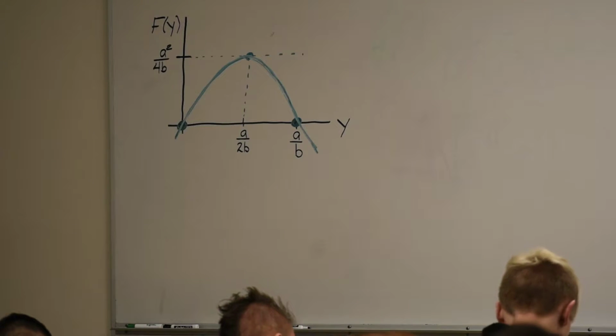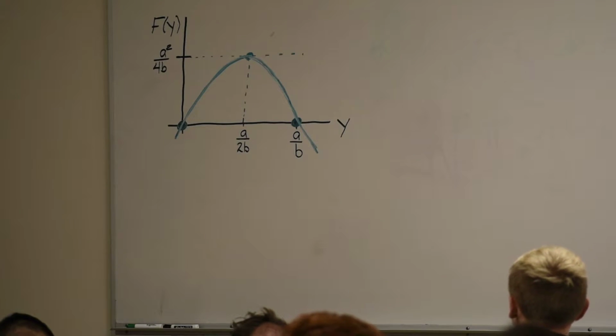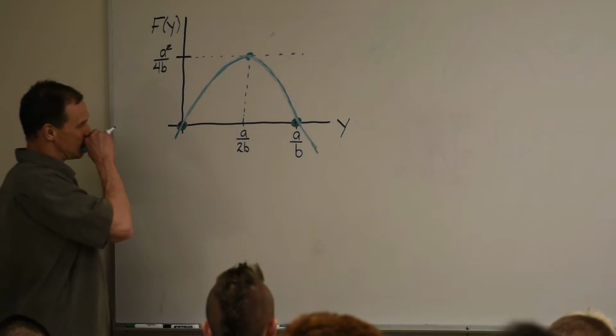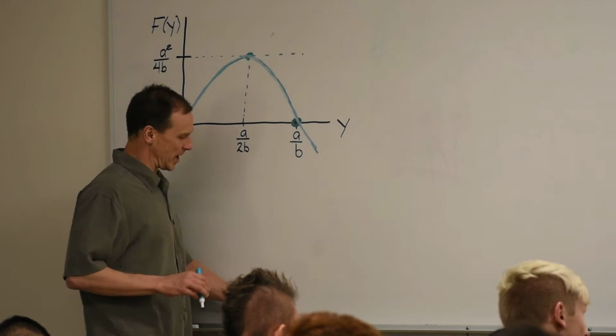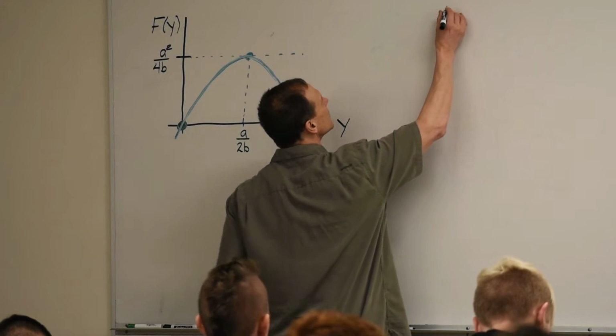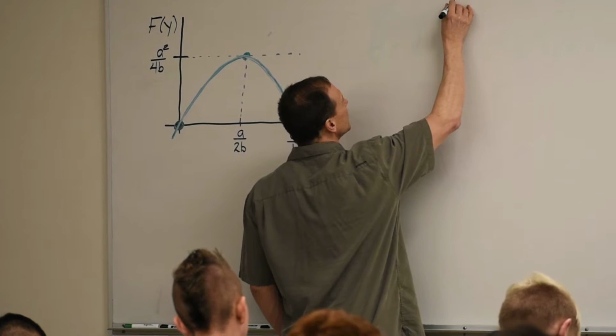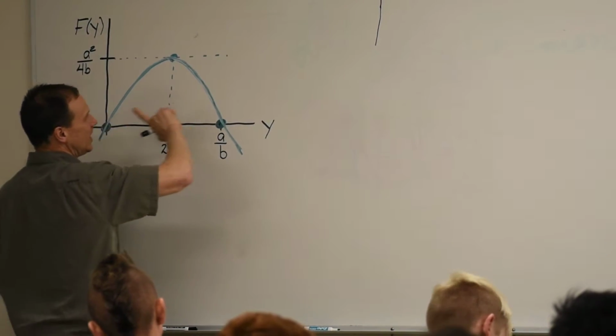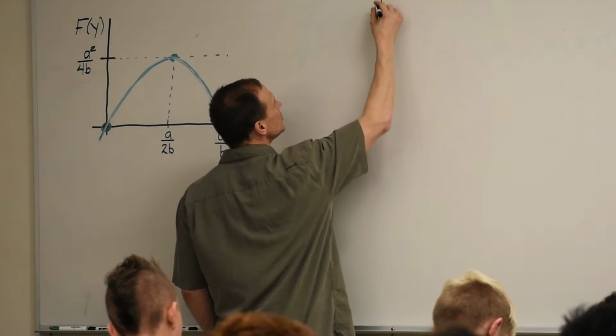But what's interesting is what it tells us about the solutions to our problem. And that's what I want to look at next. So I'm going to put this next picture right up next to it so we can compare. With this picture, so this is f of y. And now we're going to graph the solution.